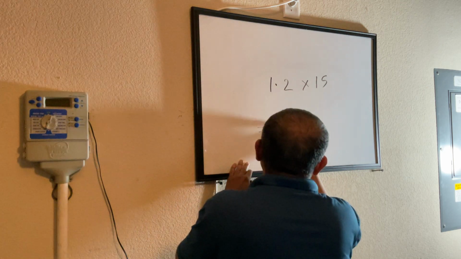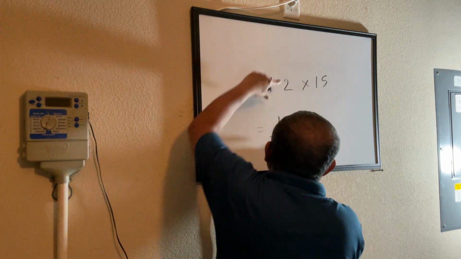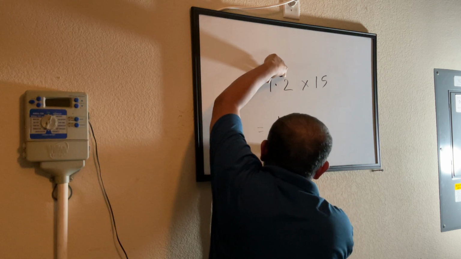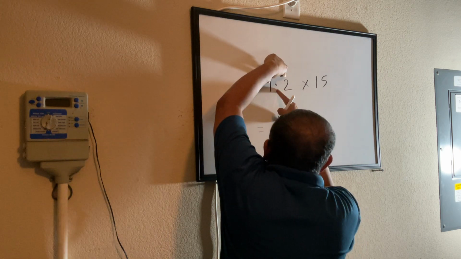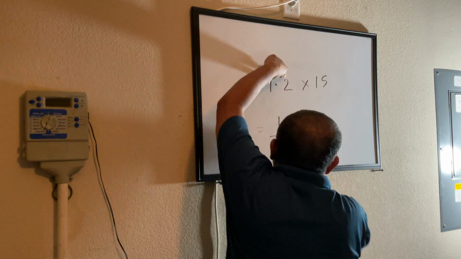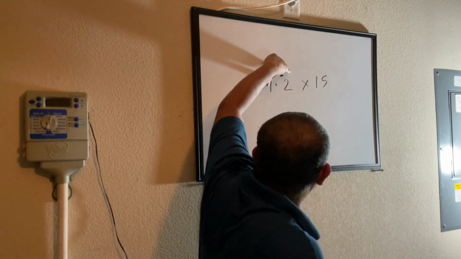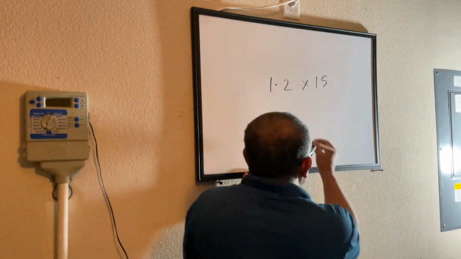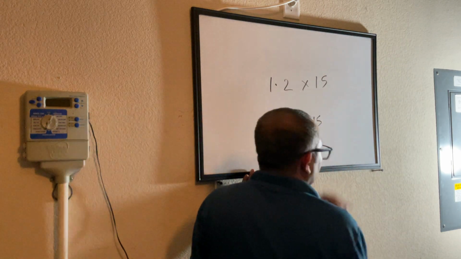This 1.2, I can convert to 12. I will write this without looking at the decimal. Then I will put 10 below, because I have one decimal digit. See this, the decimal converted to this fraction, times 15.